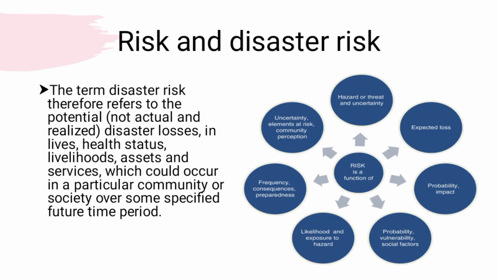Risk and disaster risk. The term disaster risk therefore refers to potential, not actual and realized, disaster losses in lives, health status, livelihoods, assets, and services which could occur in a particular community or society over some specified future time period.